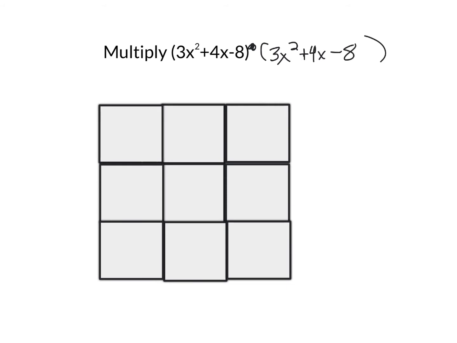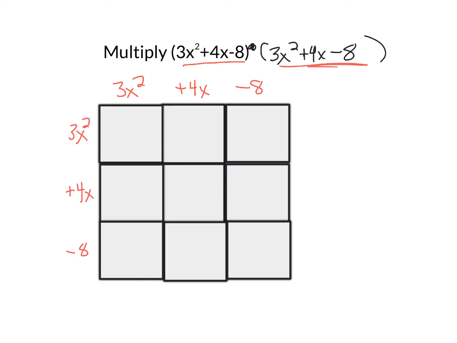We're going to line up our boxes: 3x squared plus 4x minus 8 across the top, then we grab this one and that goes up and down: 3x squared plus 4x minus 8.